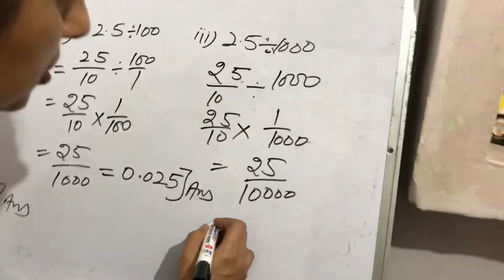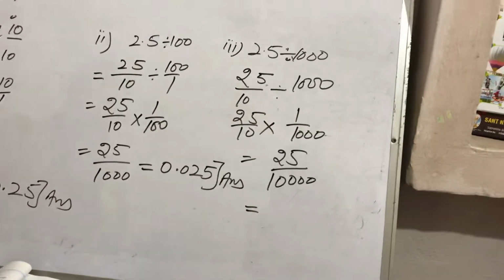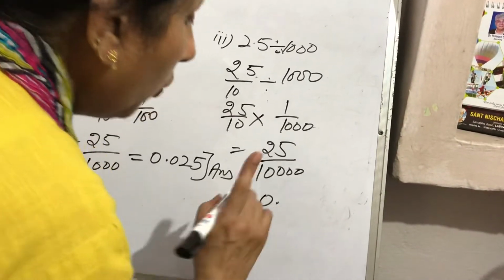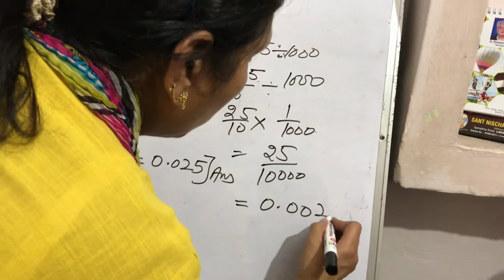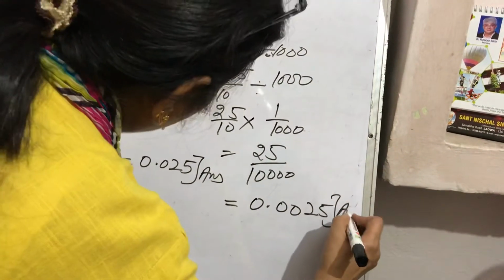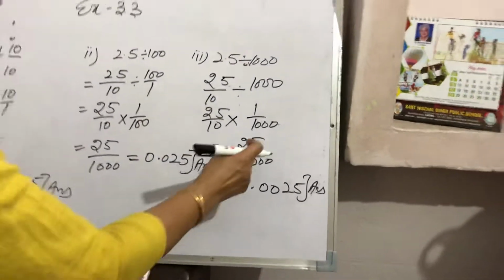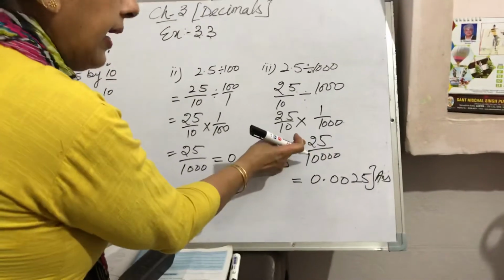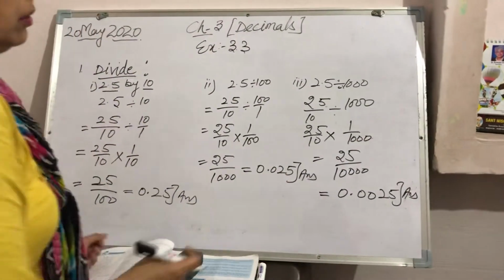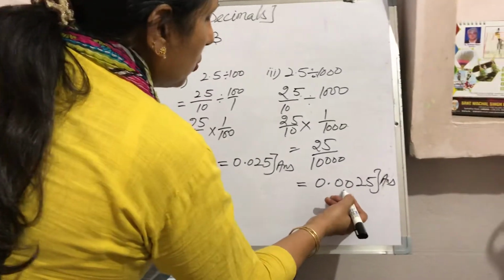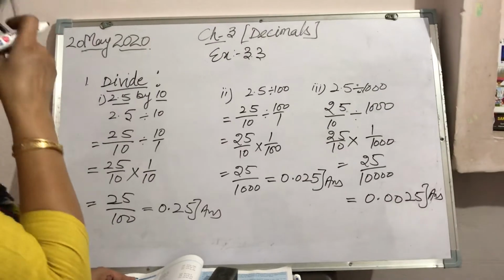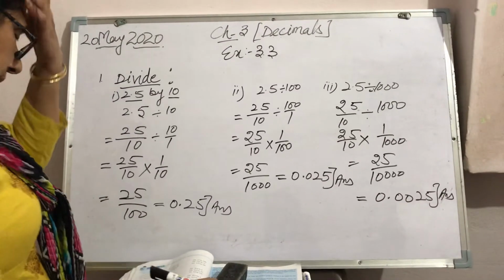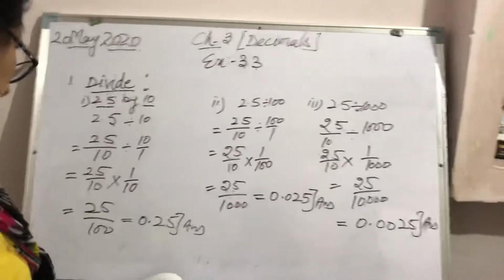Now 4 zeros we have at the denominator place, so 4 digits should be in the decimal places. 25 has only 2 digits, so add zeros in front of the number. So 0.0025. Same as all the questions of the first one, so you can do it yourself.